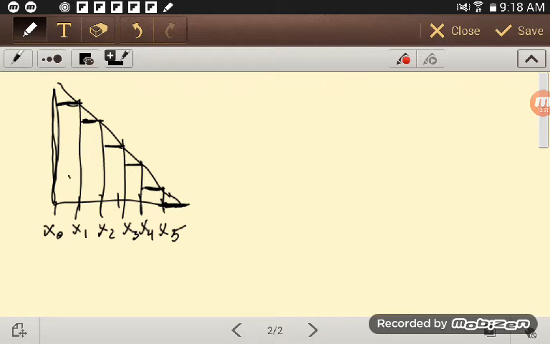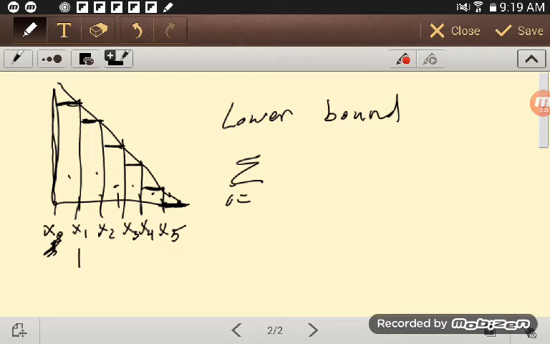I drew those 1, 2, 3, 4, 5, 6 rectangles. The sixth one is just a 0. So for my lower bound, what I'm doing in general is summing from i equals, I'm going to start here, because there's the height of the rectangle, and I'm going to march through each of those.